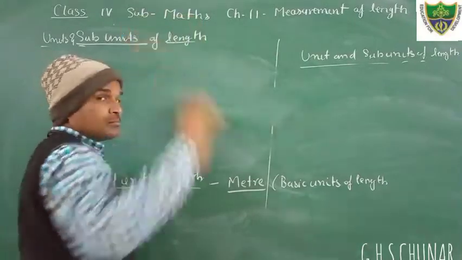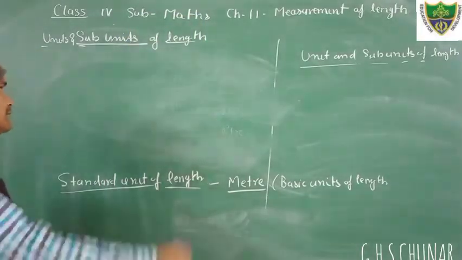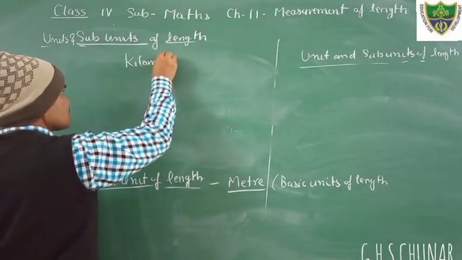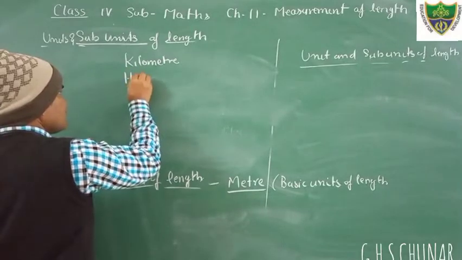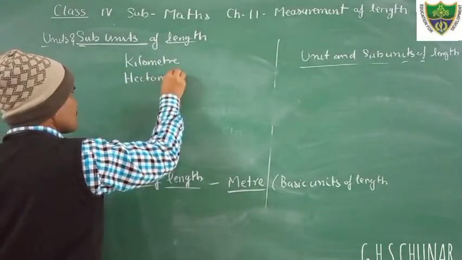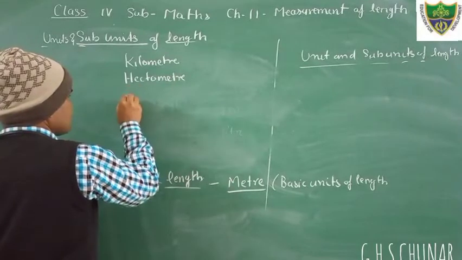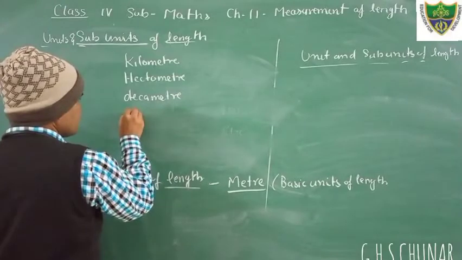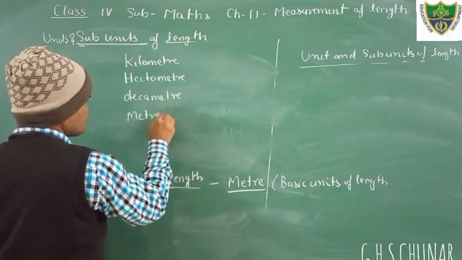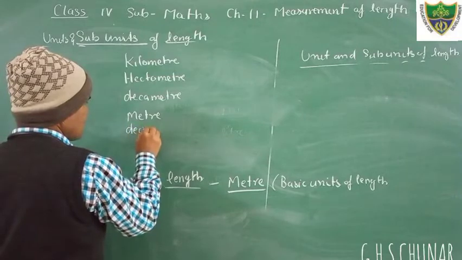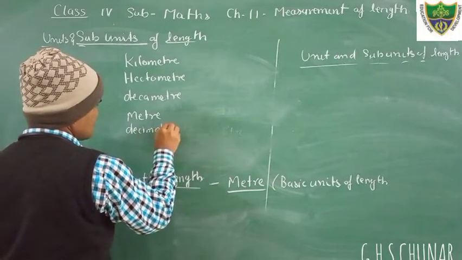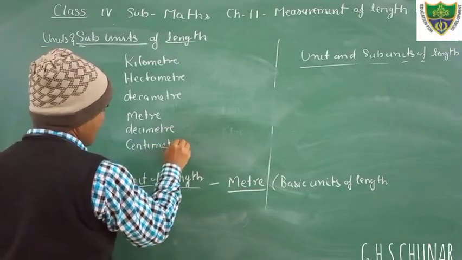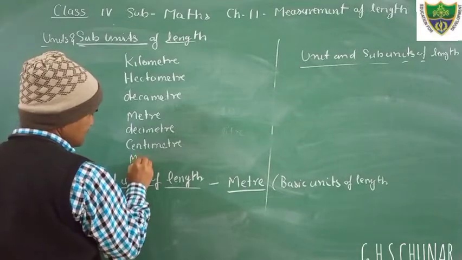Here we discuss some subunits of length. We will write the kilometer, hectometer, decameter, meter, decimeter, centimeter, and millimeter.